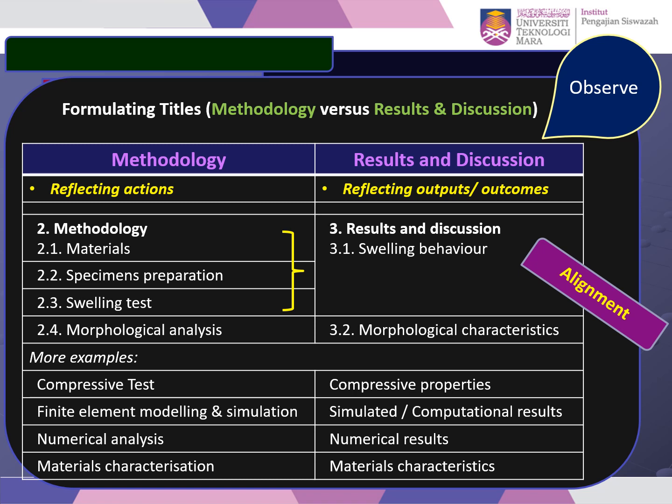So if you look here, this is the real title. I took it from a journal. So 2.0 methodology has separated the title into 2.1 materials, 2.2 specimen preparation, 2.3 swelling test, and 2.4 morphological analysis.